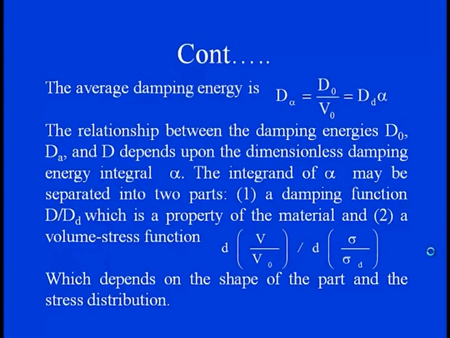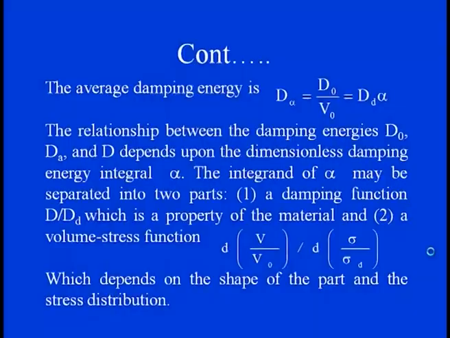First, the damping function D by Dd, which is simply the property of the material, because here we can see how the stresses go up to the peak level, accordingly Dd is calculated, and D is the specific feature. And second, it depends upon the volume stress function, because it is related to dV by V0 divided by d sigma by sigma d.